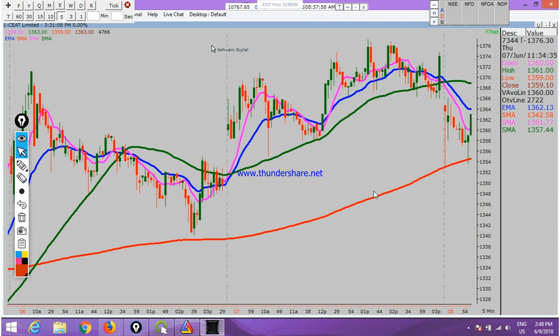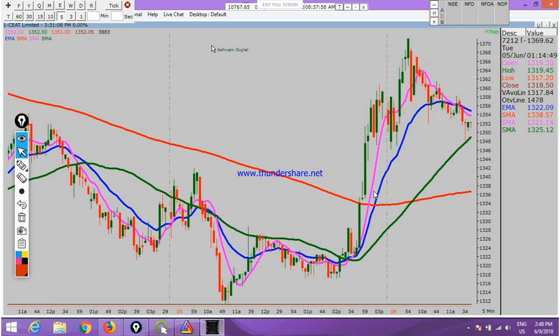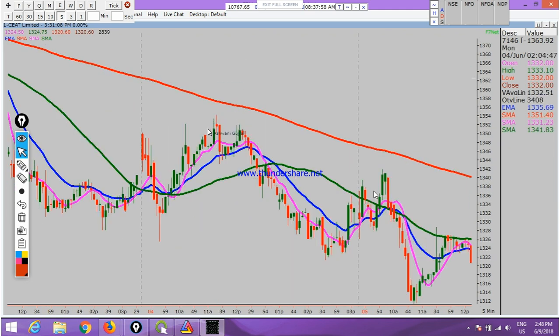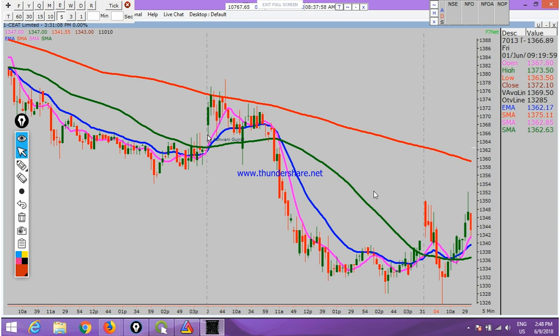See what happened here. CAT is trading below its 200. In the morning it opened up. Now what is the mistake you can make here?